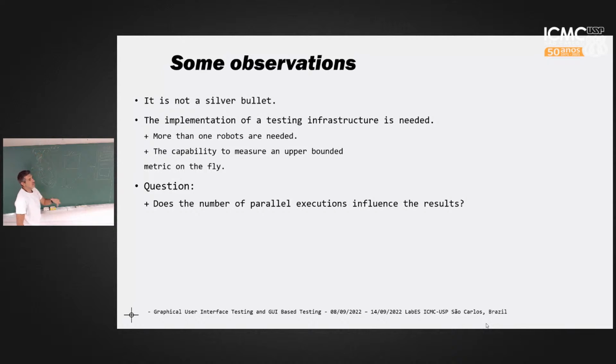If I add other people, so I add Junior, I add Mise, I add Delamaro, I add your student, the number of people exploring can influence the results?